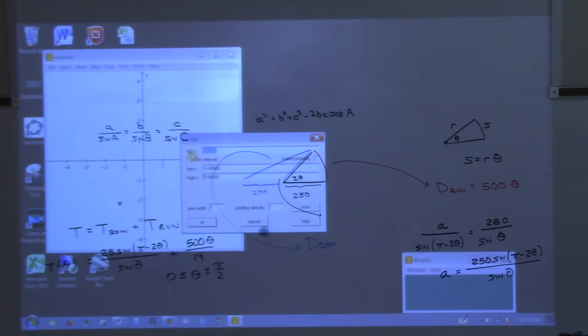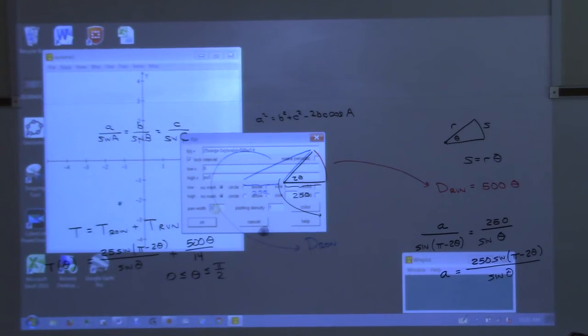So it's going to take me a second to type this in: 25 sine, I have to use x, not theta, of pi minus 2x, over sine of just the x. And then plus 500 x over 14. And I want to lock my interval from 0 to pi over 2.